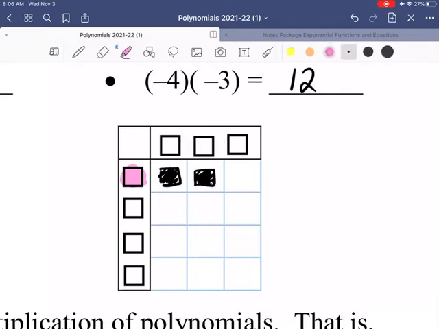Then we start the process over with the second one in the column, and that becomes positive 1.